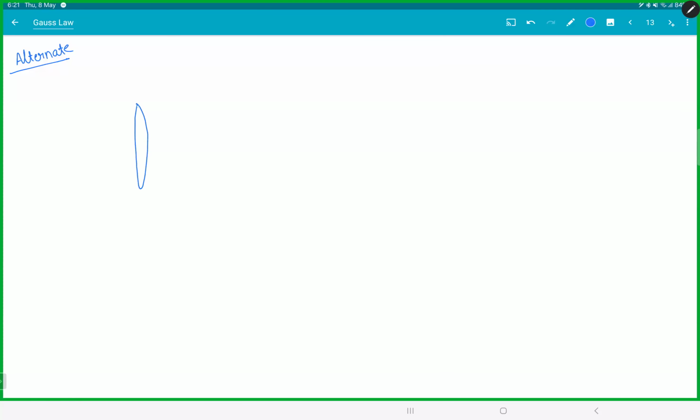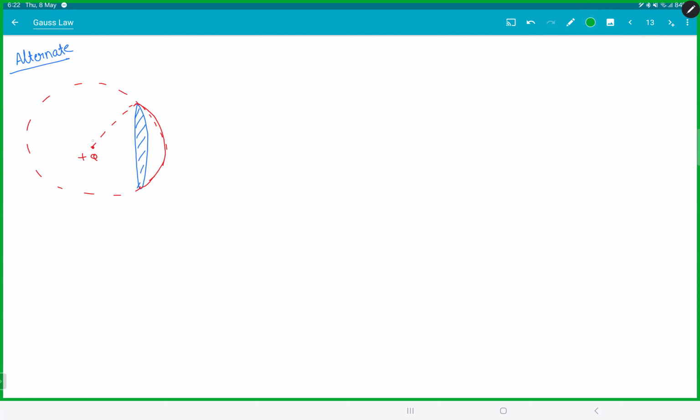So when you take this disk here, when you take the charge q here, I will assume this belongs to a part of a circle where plus q is at the center. This was the disk.